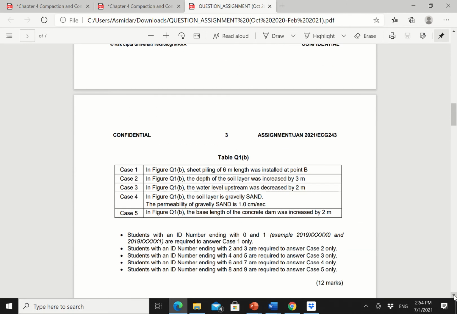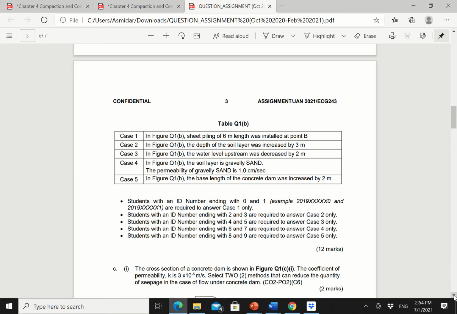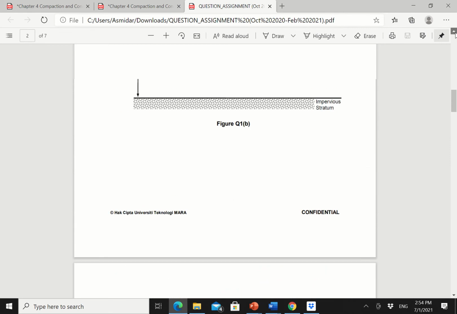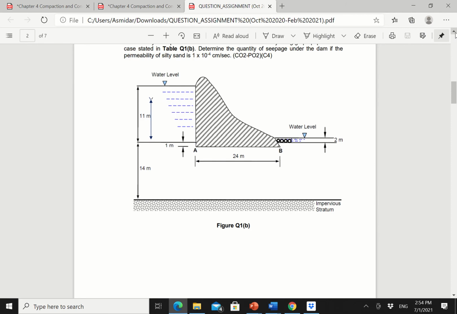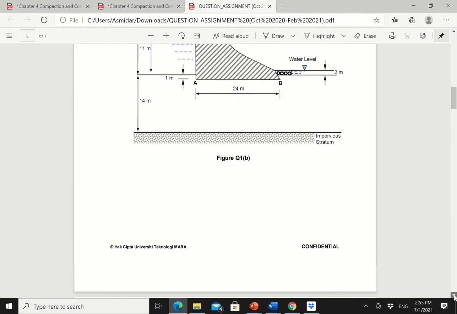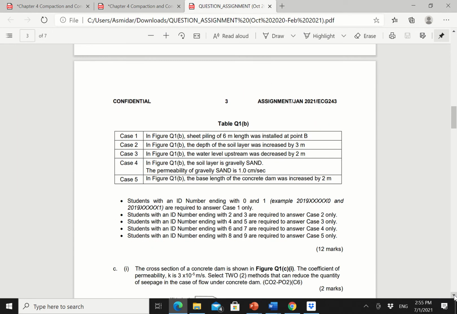In table Q1B, we have case number 1 up to case number 5, and each case is different. For example, in figure Q1B, sheet piling of 6 meter length was installed at point B. So you need to draw a sheet pile wall at location B with a 6 meter length. That is case number 1.